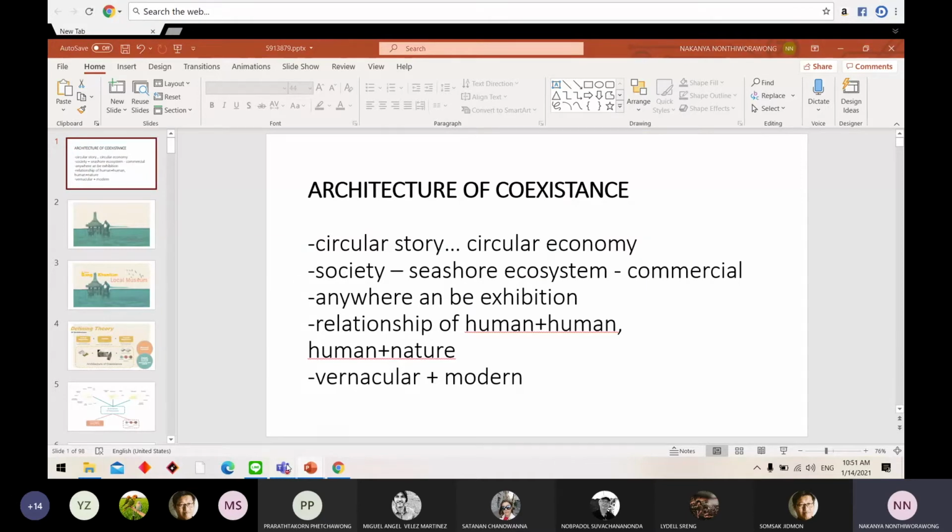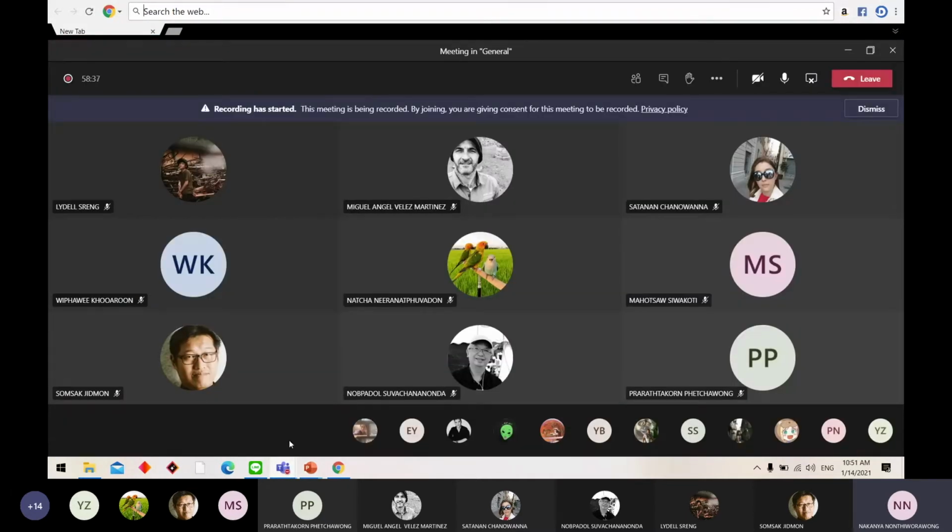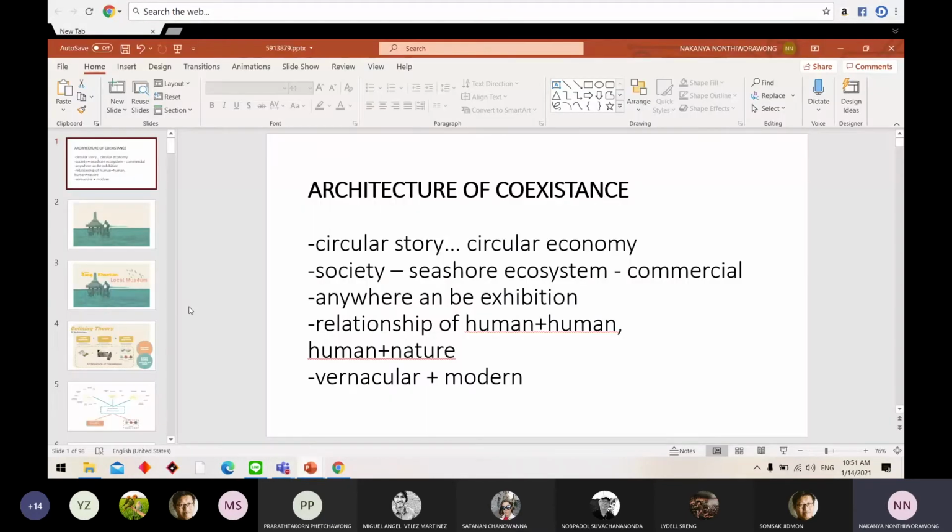So my idea of architecture is the architecture of coexistence, because from the background and all the aspects of this area, I will try to make a circular story.